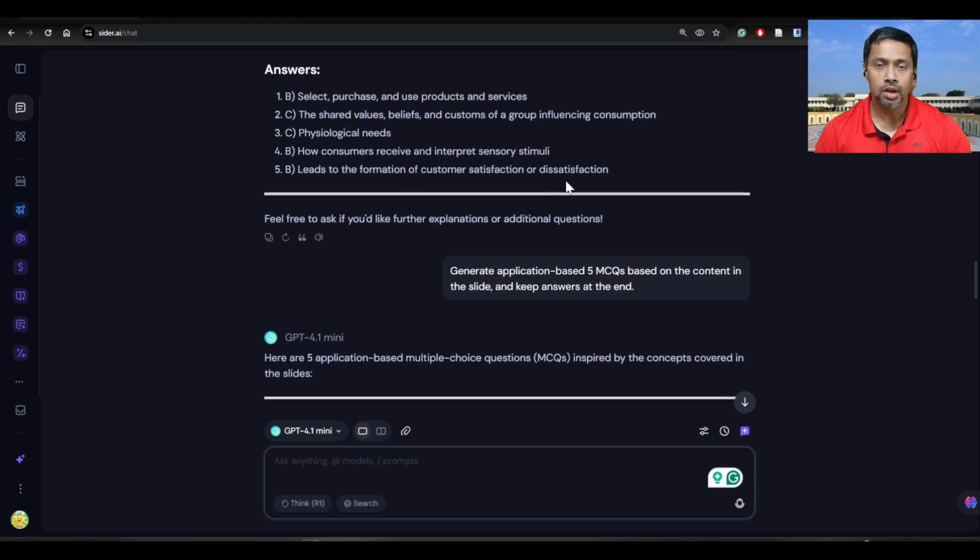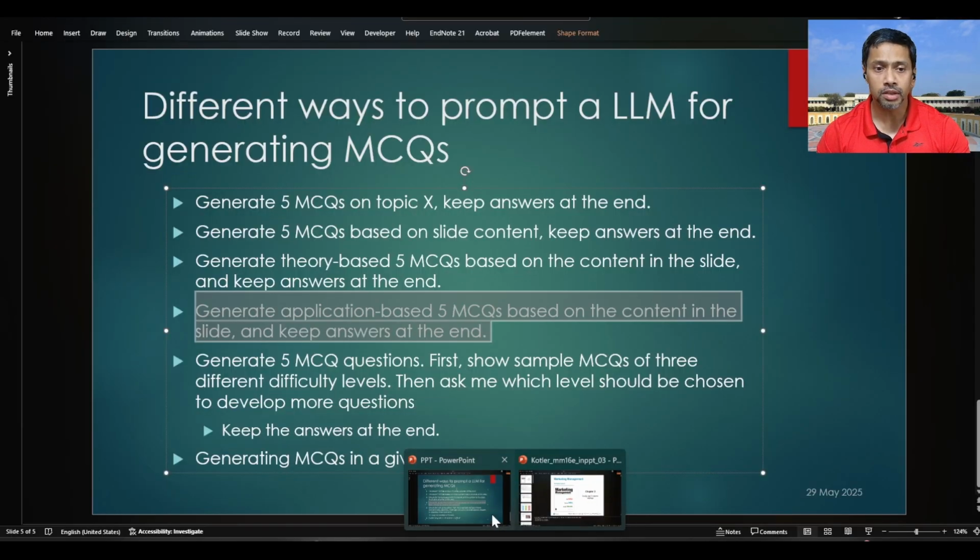So you see how by modifying the prompt or being more precise, communicating more with the LLM about what we want from our MCQs, the questions change and we improve the quality of MCQ questions. Now let us see the next type.